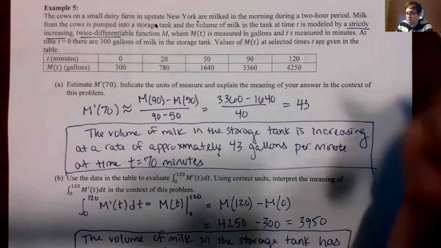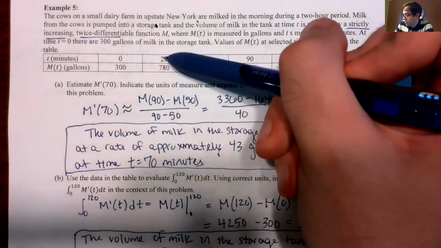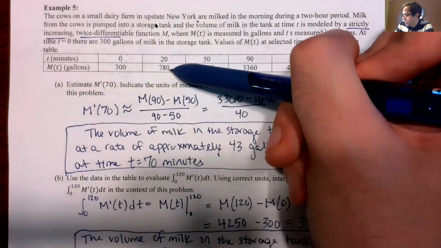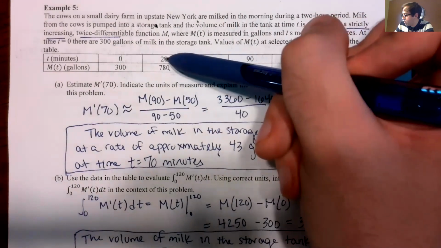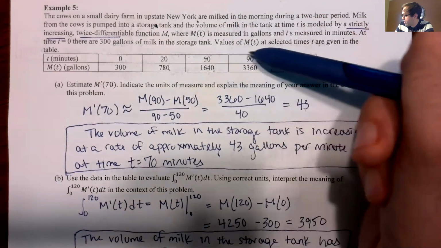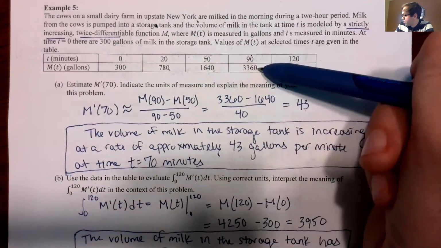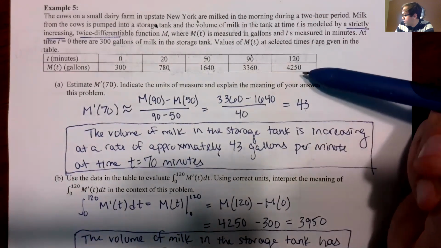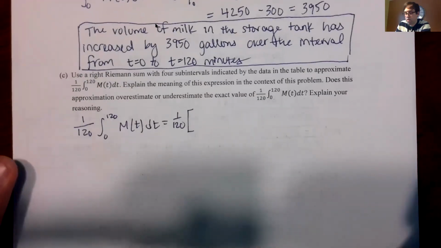So if we take a look up here, our first interval is going to be from 0 to 20, and we're going to multiply that by 780. From 20 to 50, that's a width of 30 times 1640, then a width of 40 times 3360, and then a width of 30 times 4250. So we're going to write all of that out.